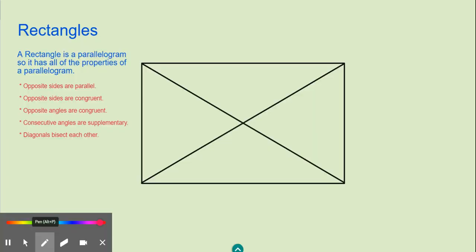All right, let's go over the properties of a rectangle. So once again, a rectangle is a type of parallelogram. And because it's a type of parallelogram, it has all of the properties of a parallelogram. Both pairs of opposite sides are parallel.